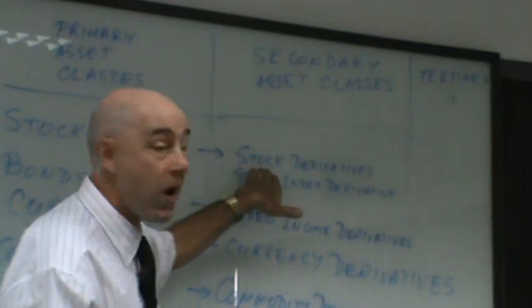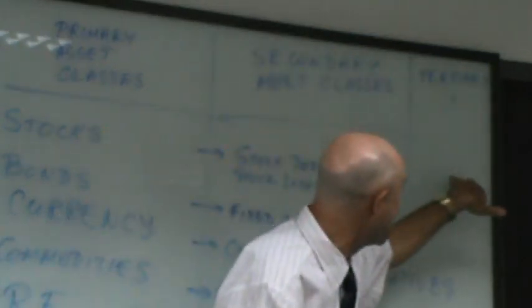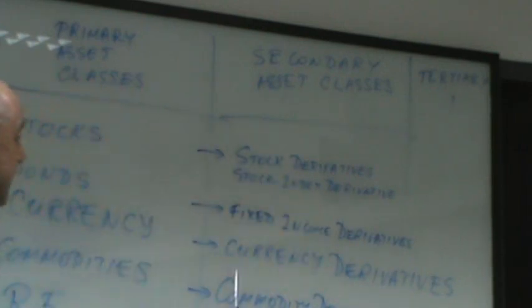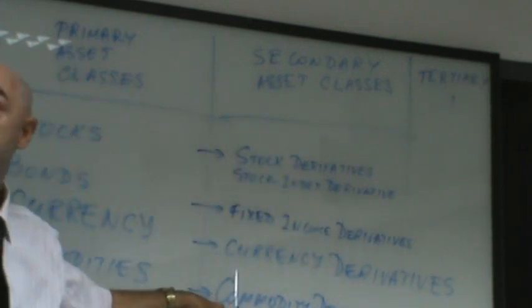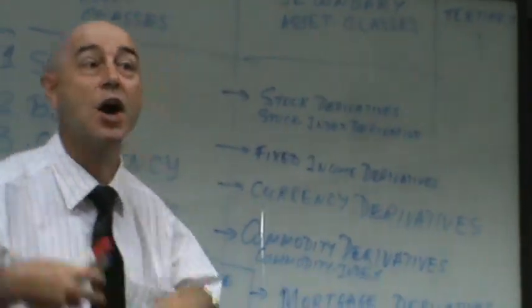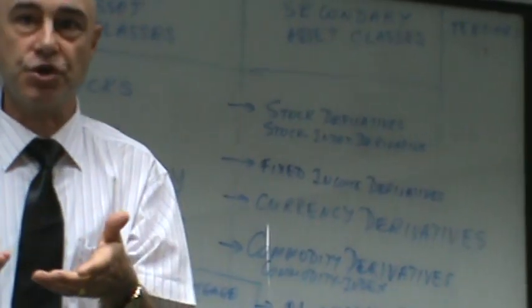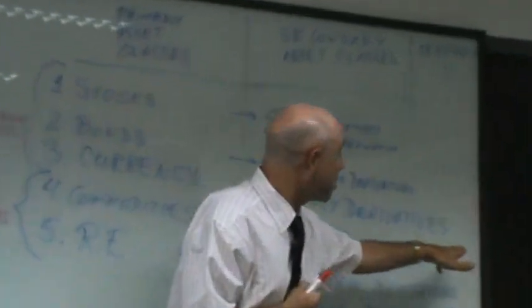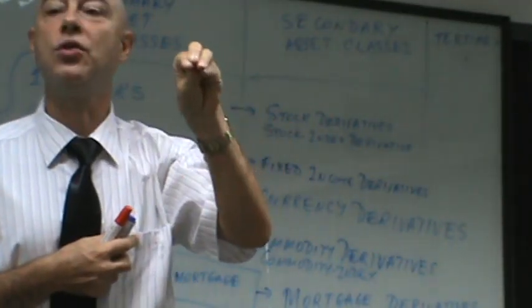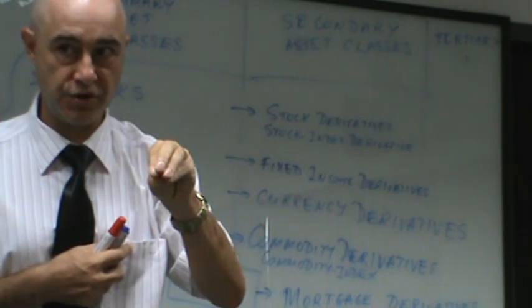So you have a stock derivative, now I have a derivative on the derivative. For example, you've got a commodity derivative, and let's say it's gold, so it's going to be a gold futures. And then the tertiary will be an option on the gold futures.